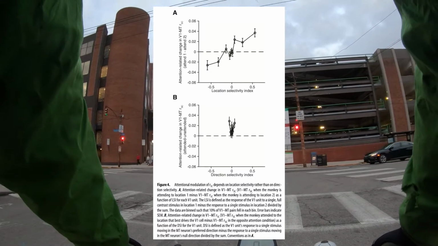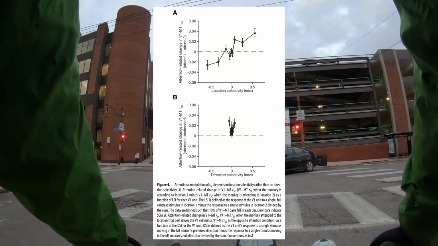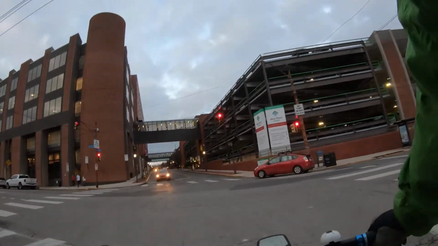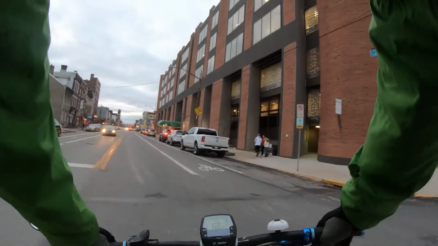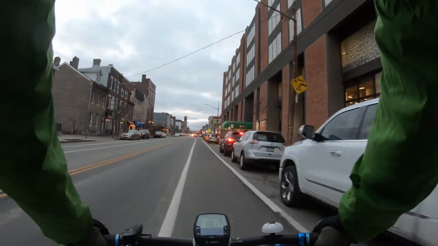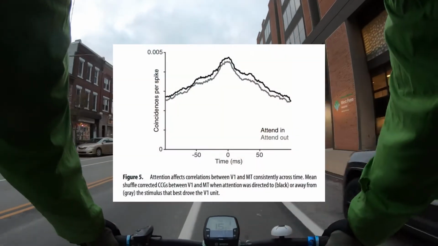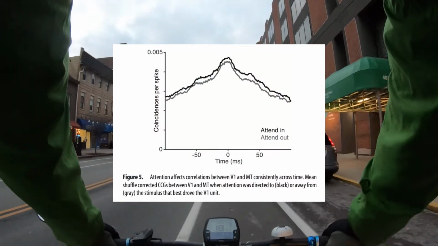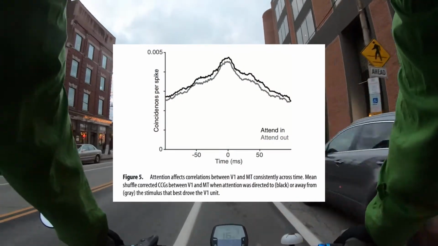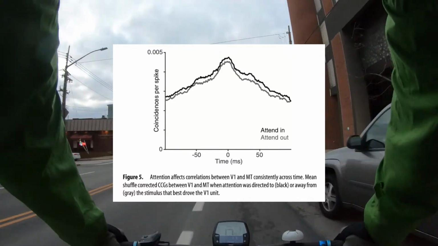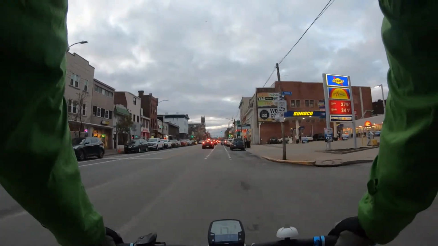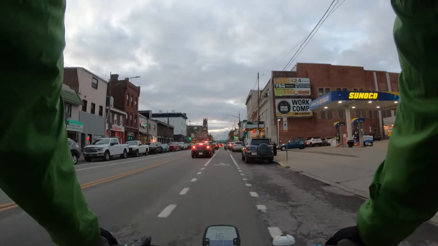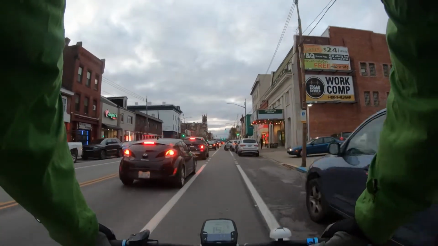And it would seem to have more to do with the receptive fields of V1 rather than the direction sensitivity of MT. That's figure 4, and then I think figure 5 is showing something about time and how, regardless of when you look near the attention change, the correlation across areas is always higher.